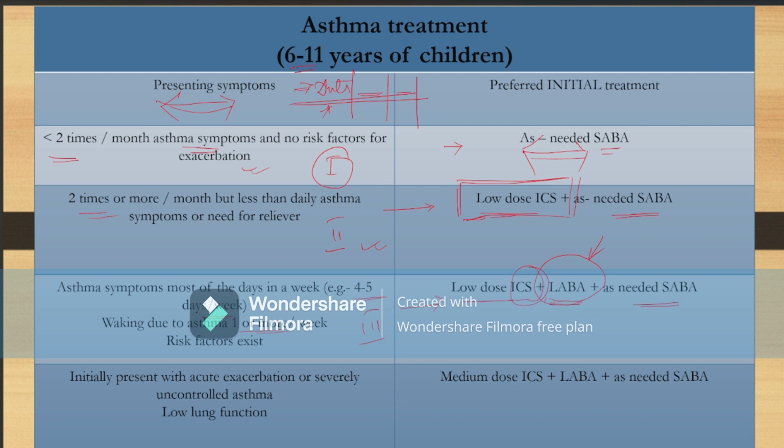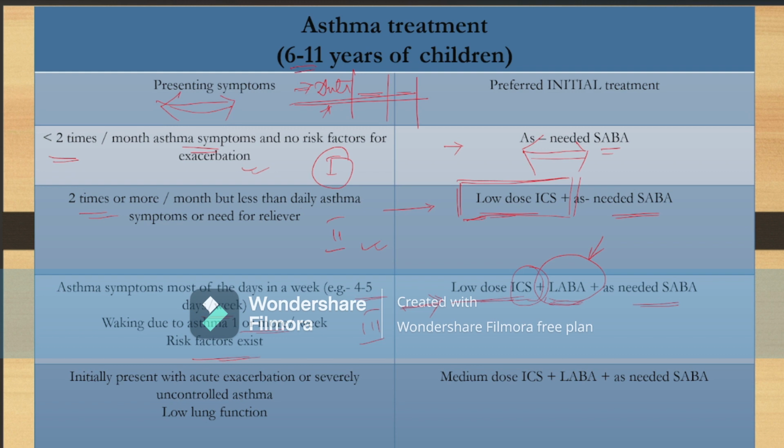So if any patient has 4 to 5 days of asthma symptoms in a week or more than one night awakening in a week along with a risk factor, then we straight away go for long acting beta agonist and low dose inhaled corticosteroid.